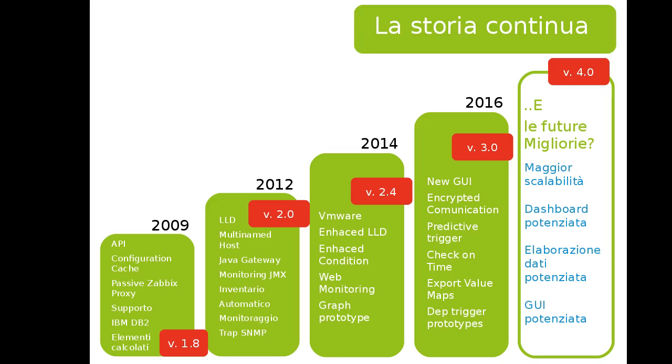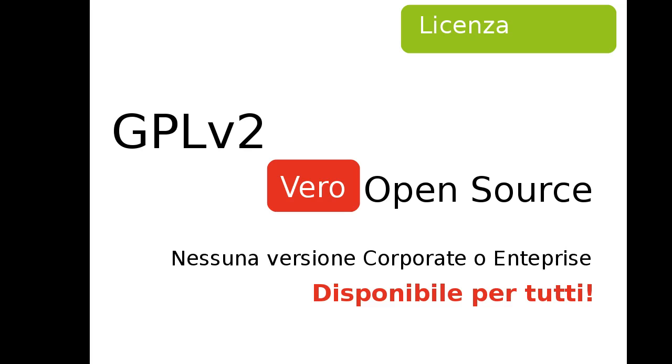In the meantime we have a great product, and in the next week, maybe we could understand better why Zabbix is a very interesting piece of software. One of the most important things is that this software is real open source.